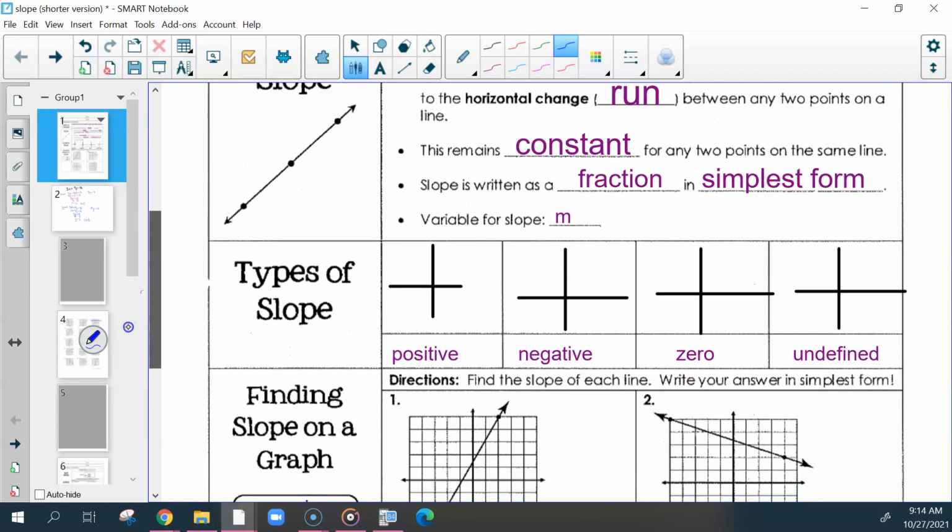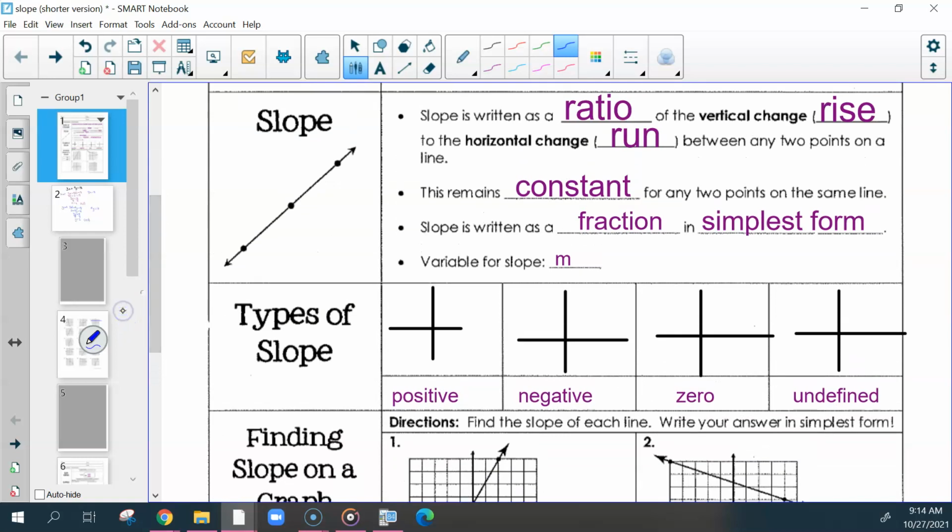There are 4 different types of slope. You guys don't have these, but make X and Y axis graphs in these boxes, and you can write these 4 slopes: positive, negative, 0, and undefined.